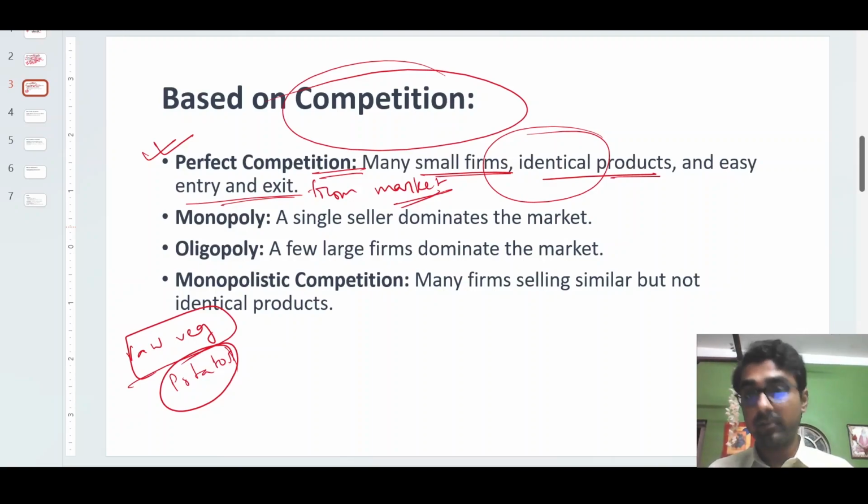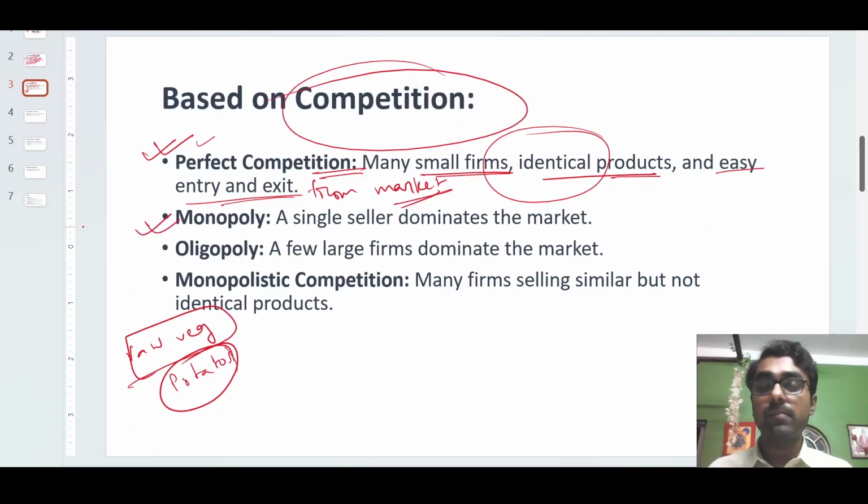That is called perfect competition. And another thing written here is easy entry and exit from the market. So anyone can sell potato in that market, and if they don't want to sell, they can exit at any point of time. There are no rules and regulations. So that is perfect competition.